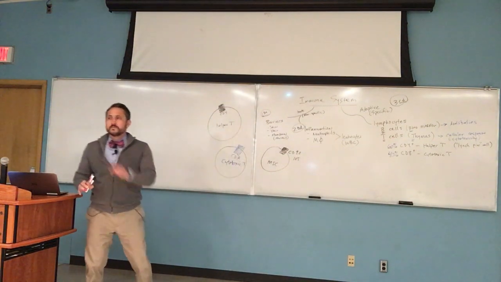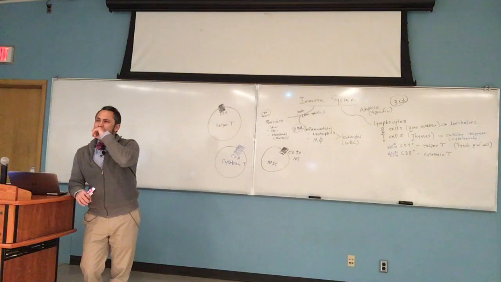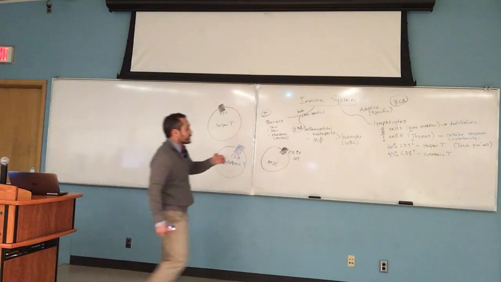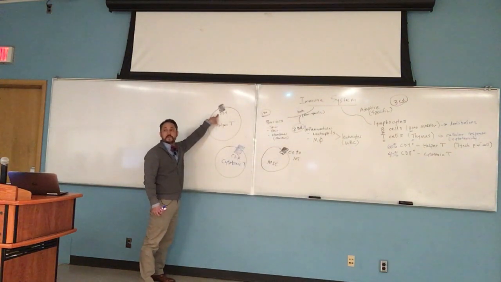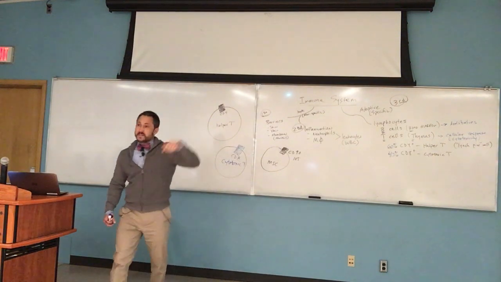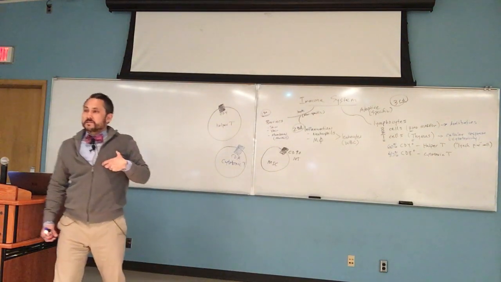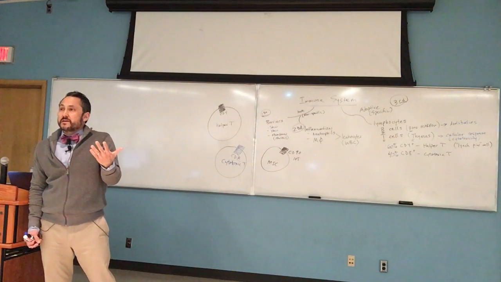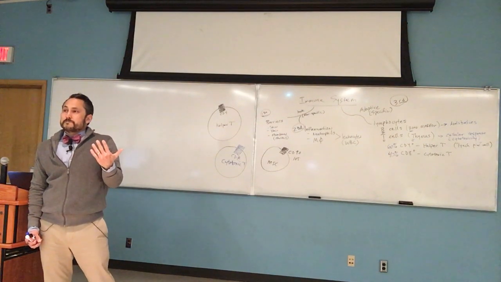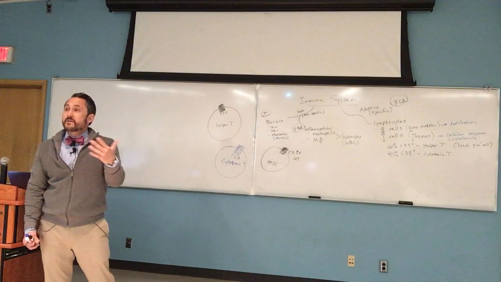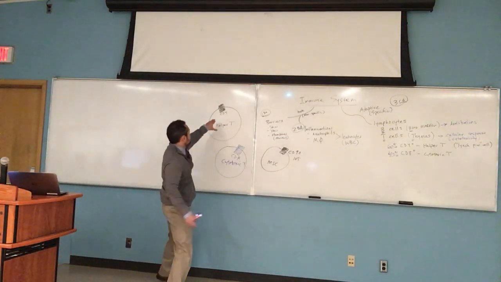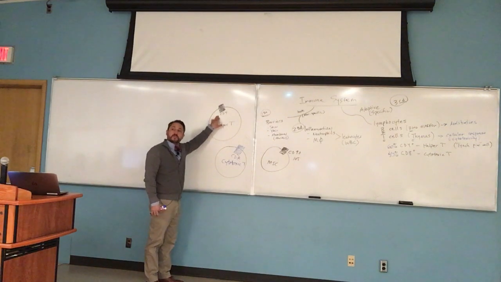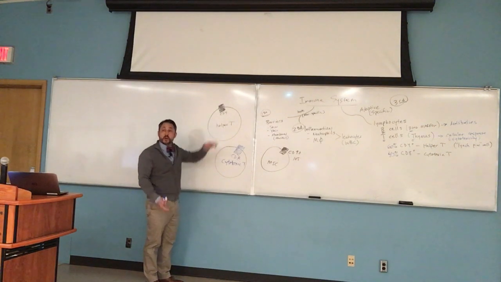Other questions so far? Just like this helper T cell is displaying this label, it's like a name tag. It's like, hello, my name is Rob. It's one of the ways that cells interact with other cells, as we'll see in a minute. They identify this name tag and know what to do based upon these markers on the surface.